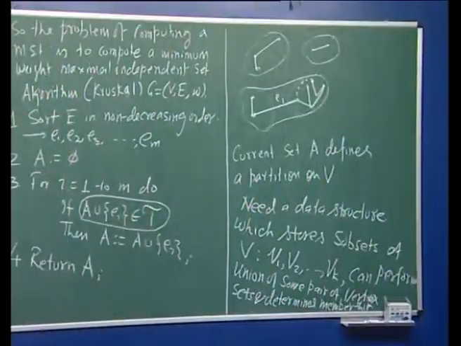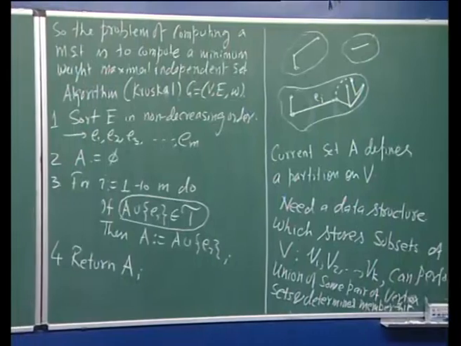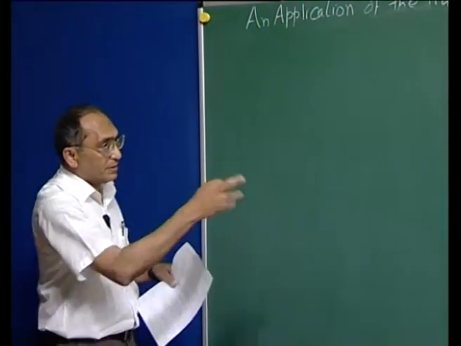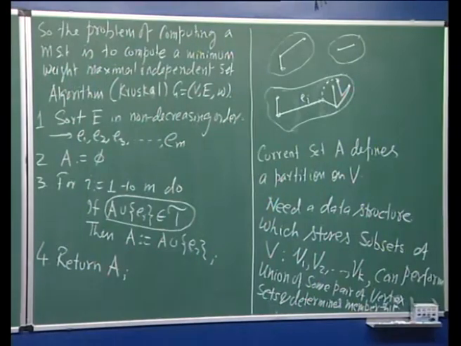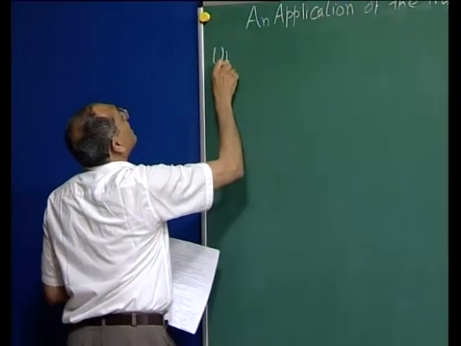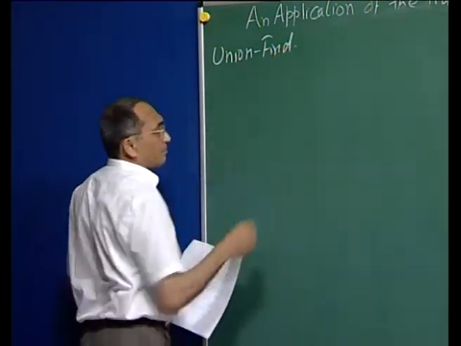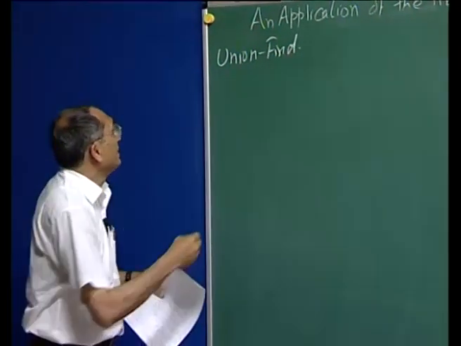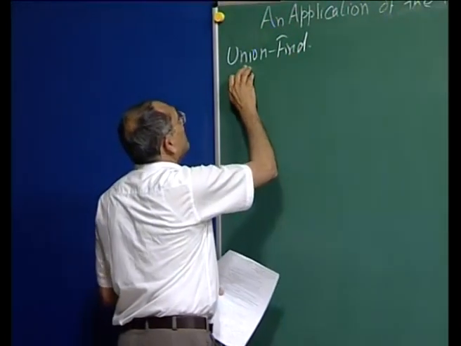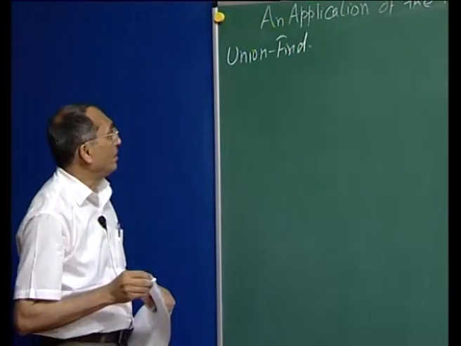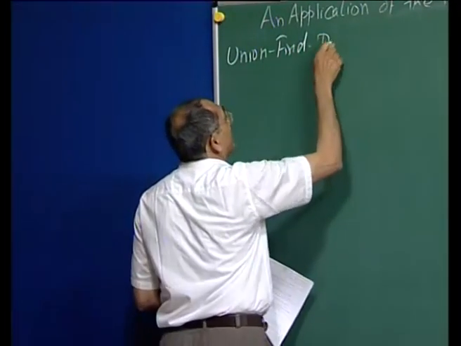Okay, so such data structures are meant for the so-called union find problem. This particular problem is known as union find, performing union and determining the set to which a given vertex belongs. Union find data structure.